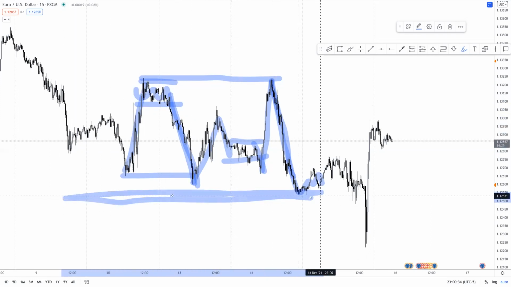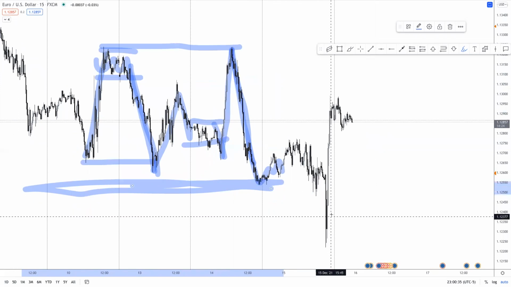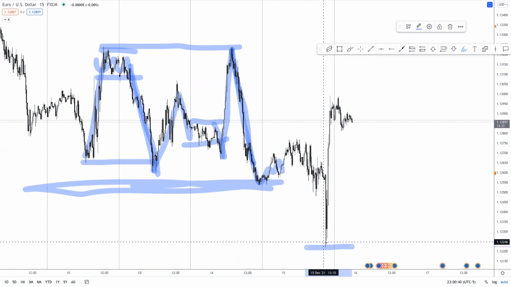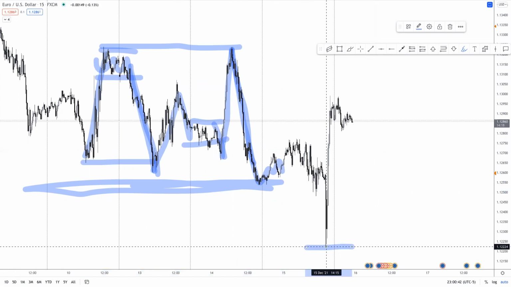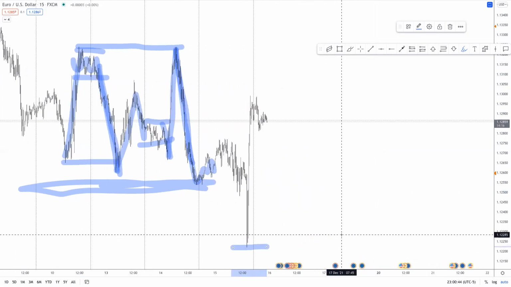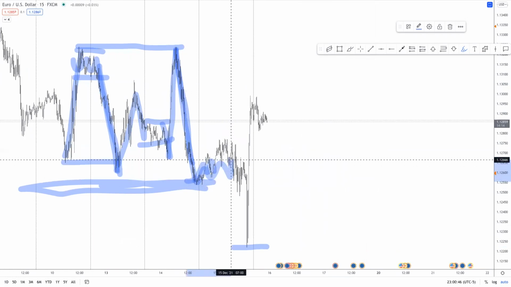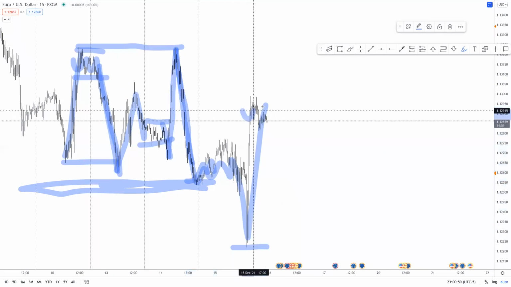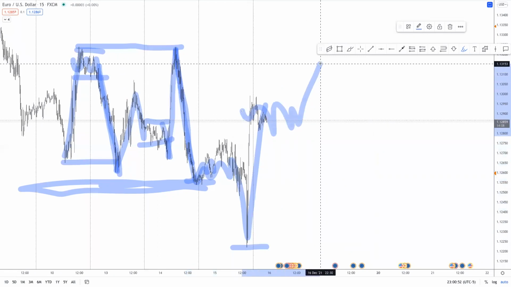Because we have cut weekly lows and Wednesday is our reversal point, we can now assume this to be the lows of the week, right? So assuming that these are the lows of the week, here's Wednesday, stop hunt to the lows. Here's the midweek reversal. We can now assume Thursday to go higher.